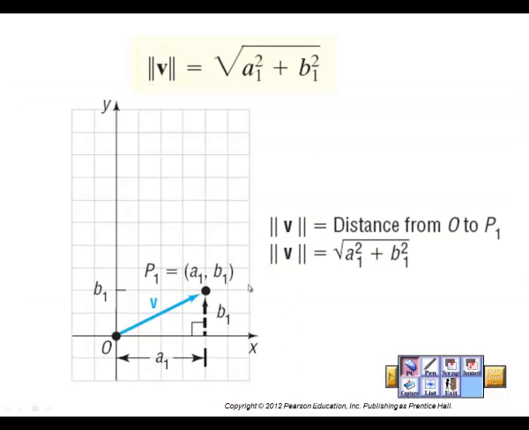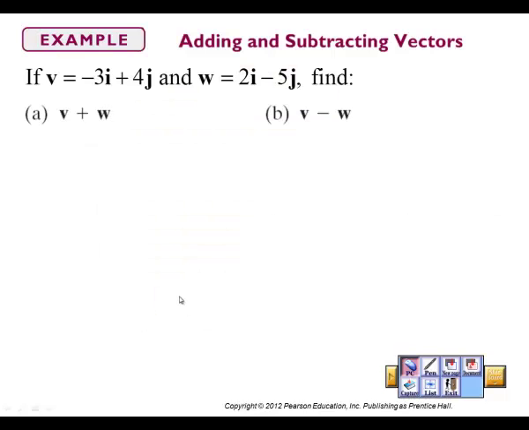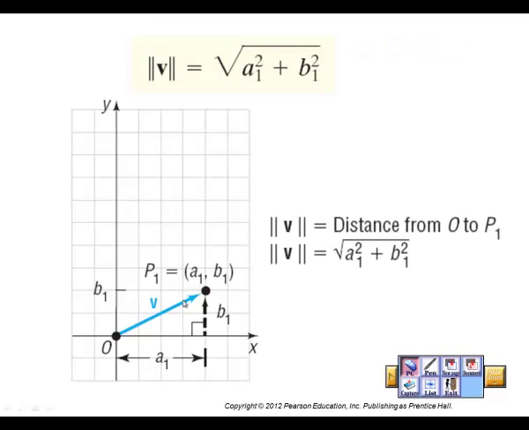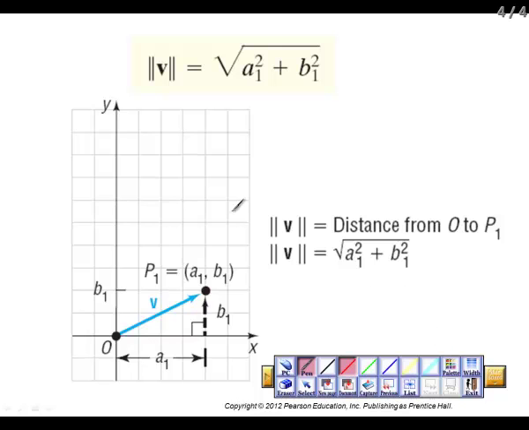So here, this would be a units, and here's b units, and here's our vector v. In terms of the Pythagorean theorem, this would be like saying v squared equals a squared plus b squared, or a1 squared and b1 squared. And then we just apply the square root to that.